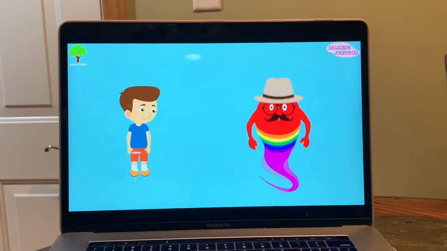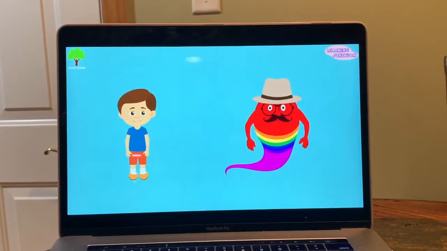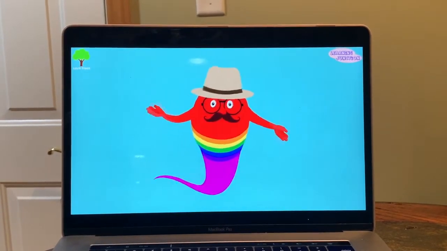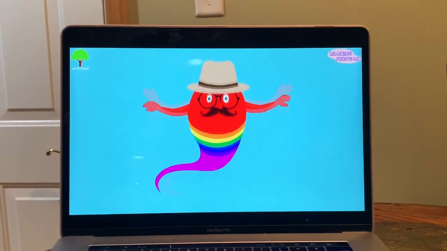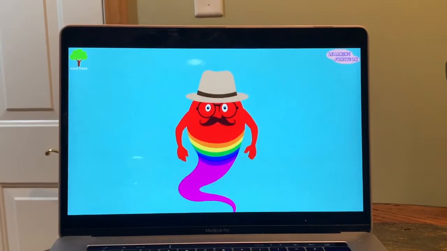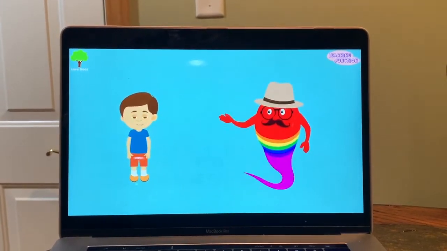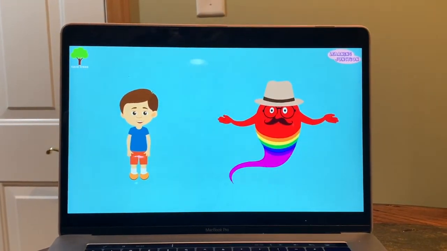Let's learn about floating and sinking today. What causes some things to float and some to sink? Well, it's all about something we call density. Don't worry, let me explain this.